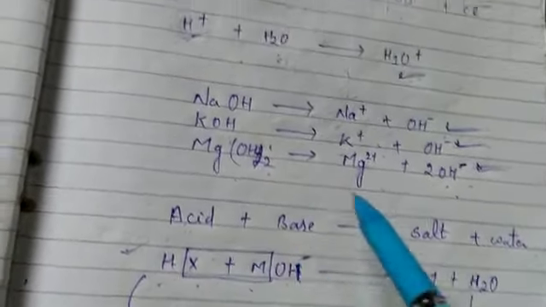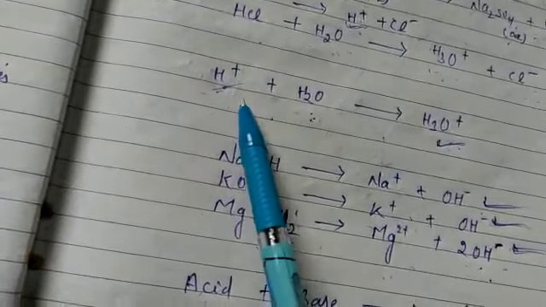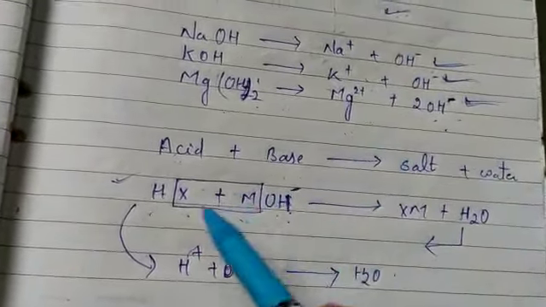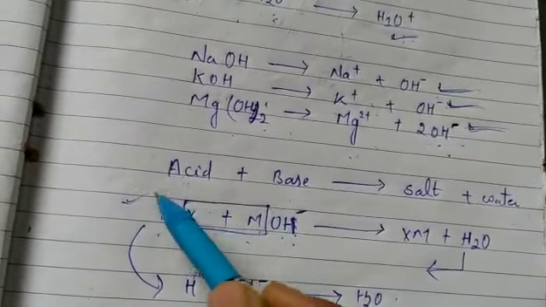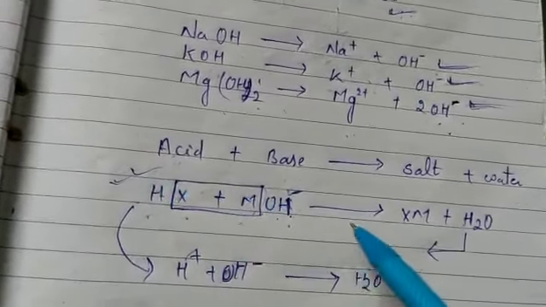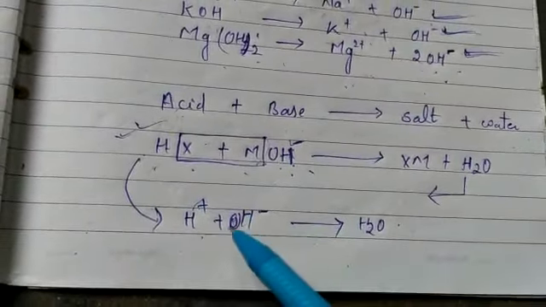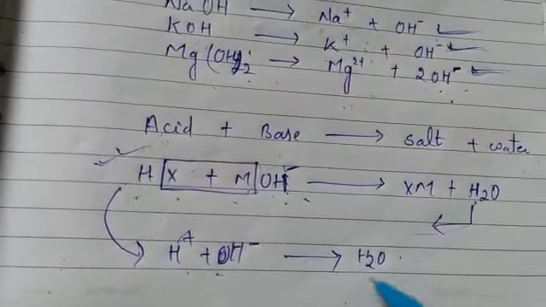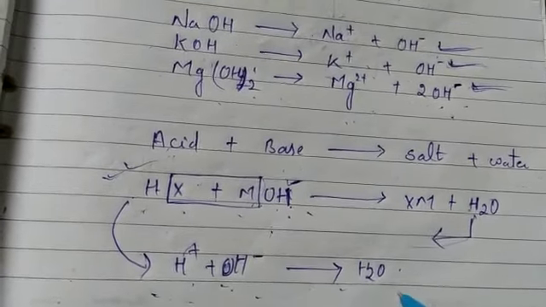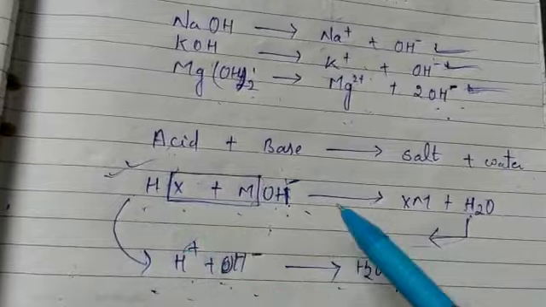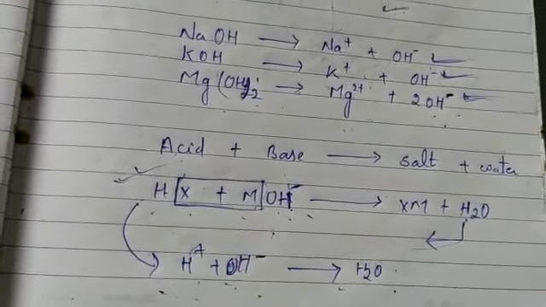These two combine, leaving the two ions, hydrogen and hydroxide ion. When H plus and OH minus combine, they give water, and the other two ions combine to give a salt. So this is about neutralization reactions.